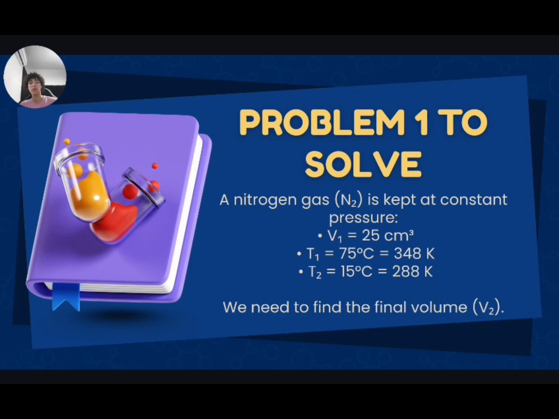Here is the problem I made: we have nitrogen gas keeping a constant pressure, and we have the volume and the two temperatures. The first volume is 25 cubic centimeters, and temperature one is 75 Celsius, 348 Kelvin. The second temperature is 15 Celsius, 288 Kelvin, and we need to find the final volume, volume 2.